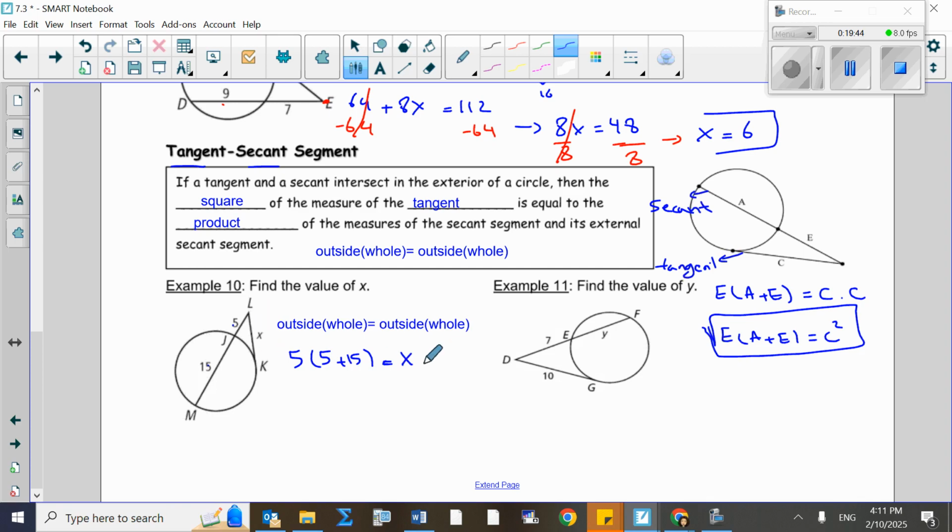The whole line is also x. So we're going to solve this. 5 plus 15 is 20 times 5 equal to x squared. 20 times 5 is 100. That's equal to x squared, and x will be the square root of 100, which is 10.